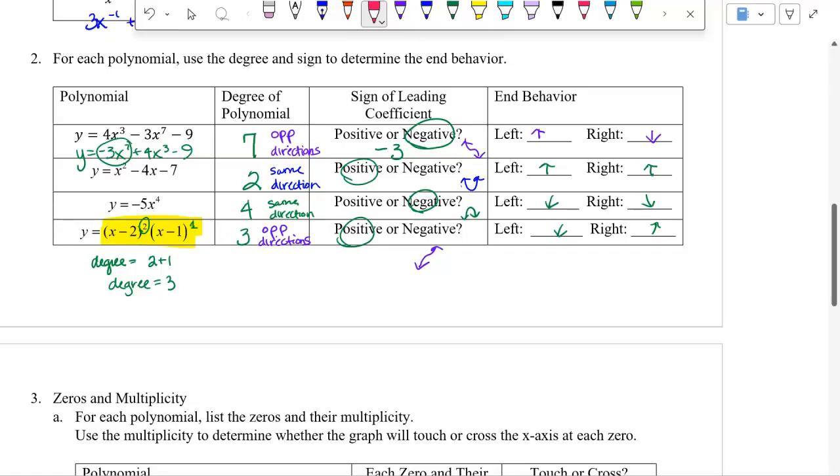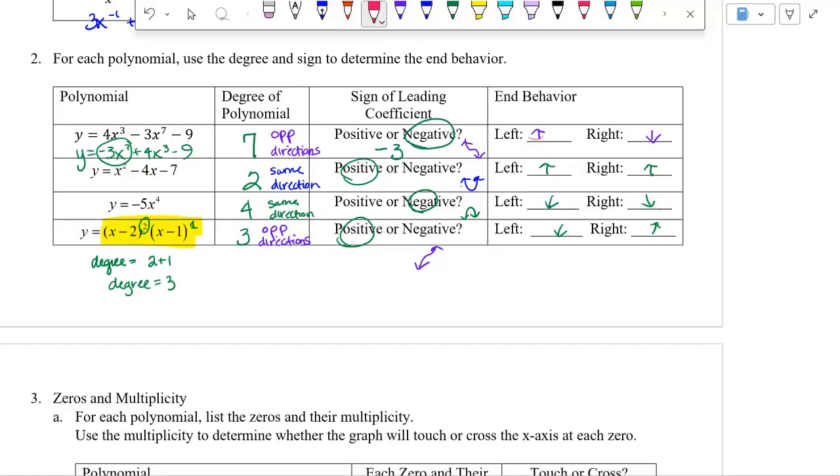But I've got to look at my leading coefficient to figure out which way they go. And my leading coefficient is negative, which means that my graph is going to ultimately look like this kind of reverse snake. Again, my graph overall is going to be decreasing, which means on the left side of my graph, it's going to be going up, and on the right side of my graph, it's going to be going down.